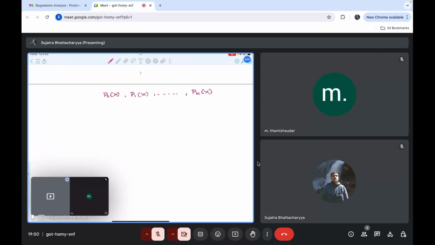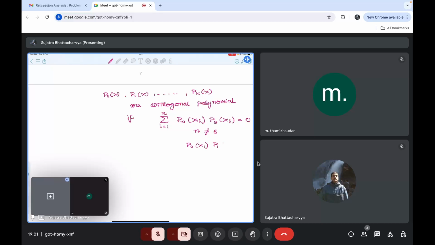These are orthogonal polynomials if they satisfy the orthogonality condition, that is, summation i equal to 1 to n of P r of xi into P s of xi is equal to 0 for r not equal to s.